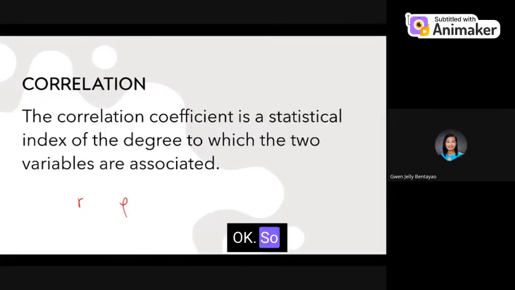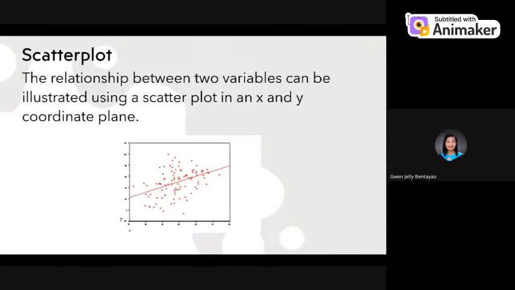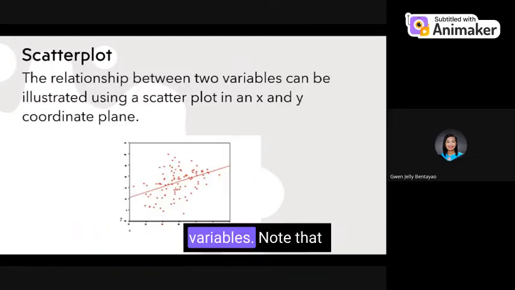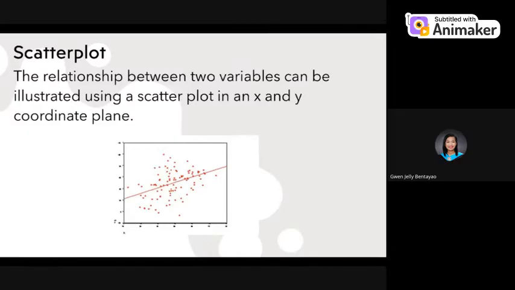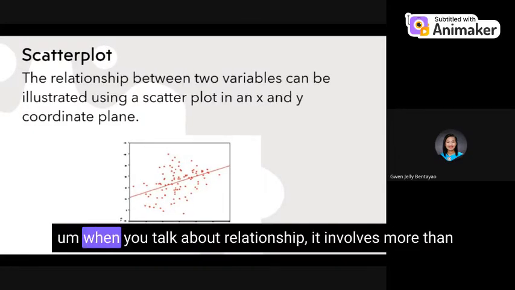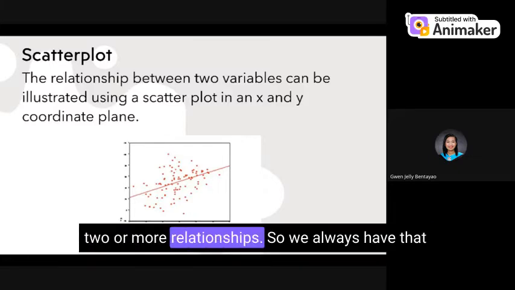Through a scatter plot, we will be able to see the relationship between our x and y variables. Note that when we talk about relationships, they involve two or more variables.